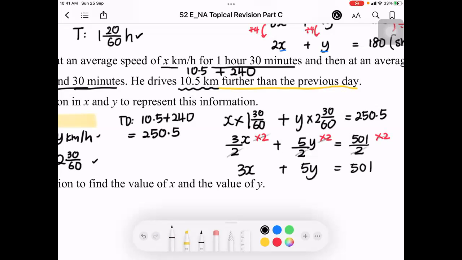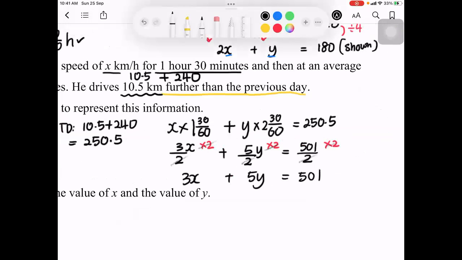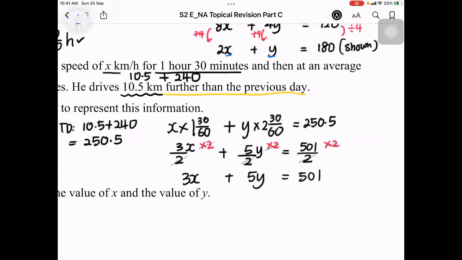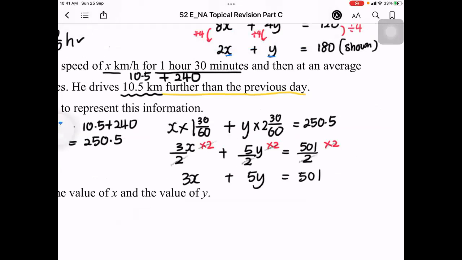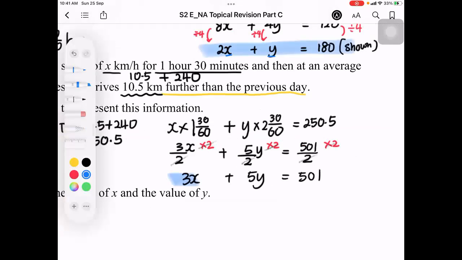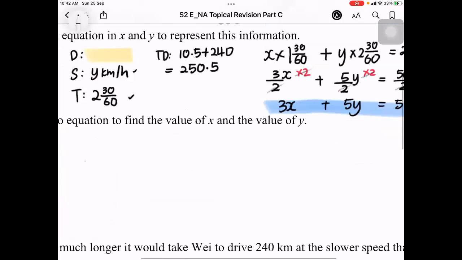Okay, then now finally we got two unknowns, x and y. We got two equations. Where are our two equations? The first equation, 2x plus y equals 180. 3x plus 5y equals 501. Then they are going to ask us to solve these two equations.